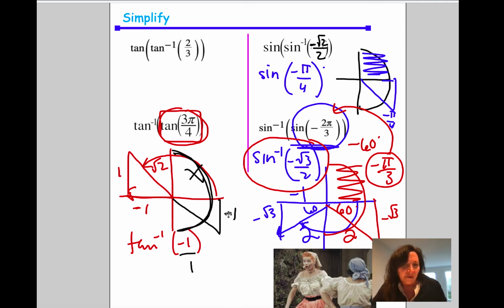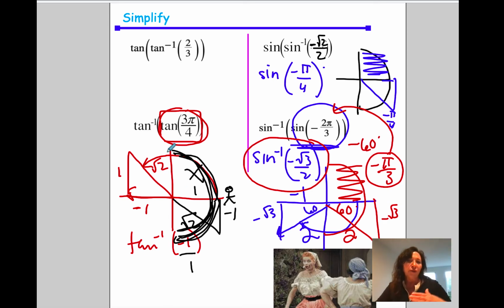So that would be negative 1 over 1, or 1 there. And then this would be root 2. So this is saying, where is tangent negative 1? You went here, because remember, you could go up or you could go down. And because our angle is down here, therefore we can't go outside of that restricted domain.